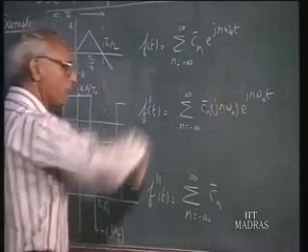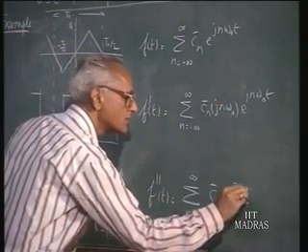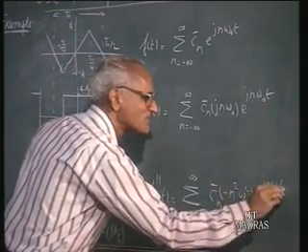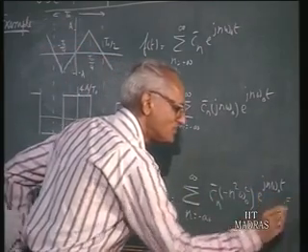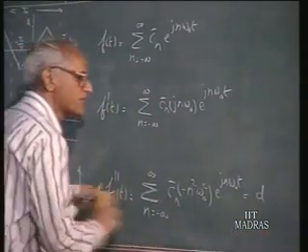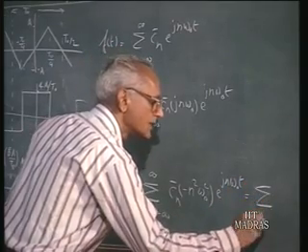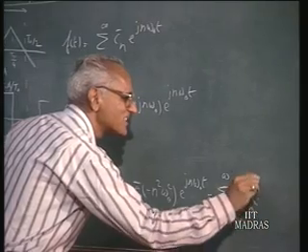So you multiply with another jn omega naught, so it will be minus n squared omega naught squared e to the power of jn omega naught t. Let us call this Fourier coefficient for this Dn. The sum over n from minus infinity to plus infinity of Dn e to the power of jn omega naught t.